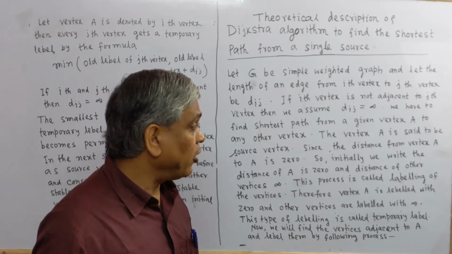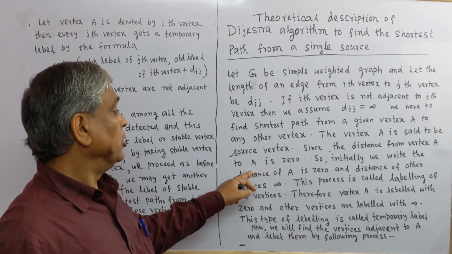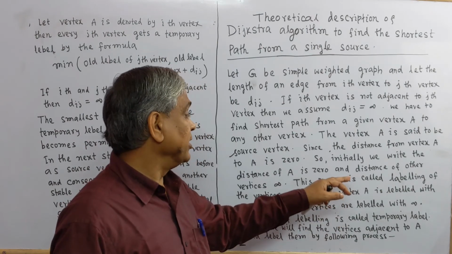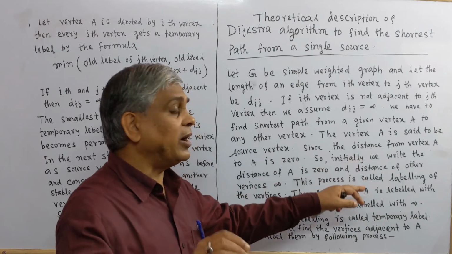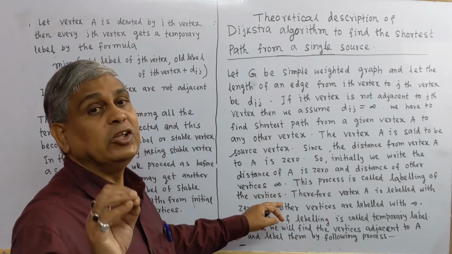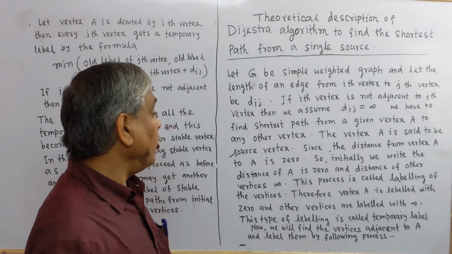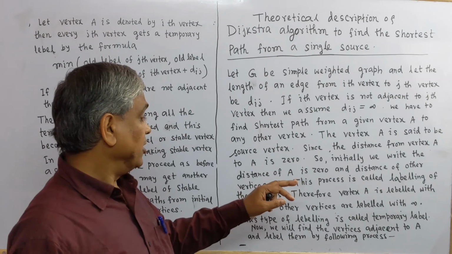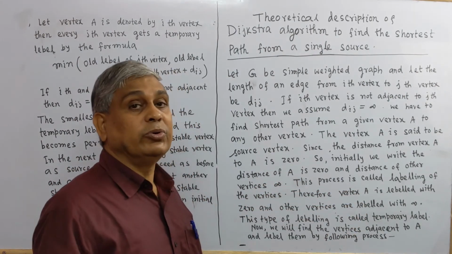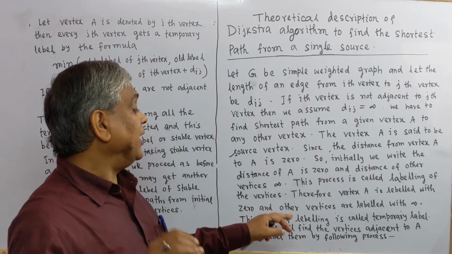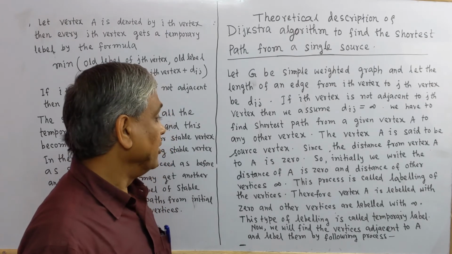Since the distance from vertex A to vertex A is 0, initially we write the distance of A as 0 and the distance of other vertices as infinity. This process is called leveling of the vertices. Therefore, vertex A is leveled with 0 and other vertices are leveled with infinity initially.